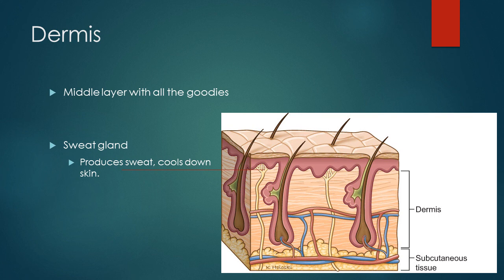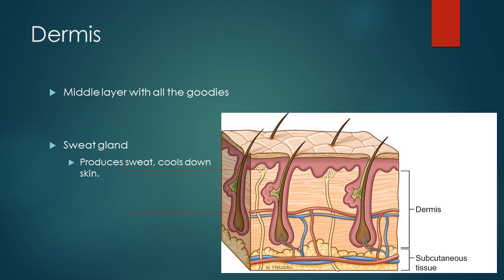Your body doesn't like a higher temperature, so it tries to cool down. And that's why sweat is produced. Your sweat goes onto your skin. The skin then has a layer of water, and that cools us down. So that's what sweat does.